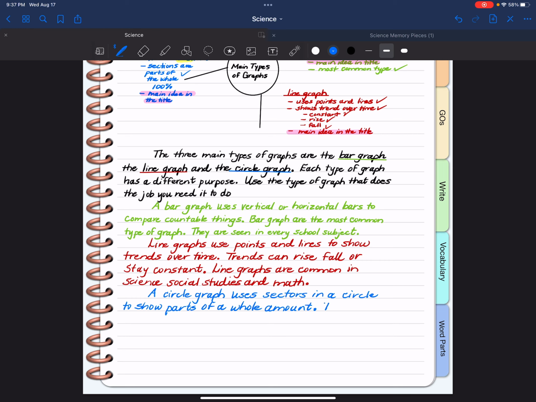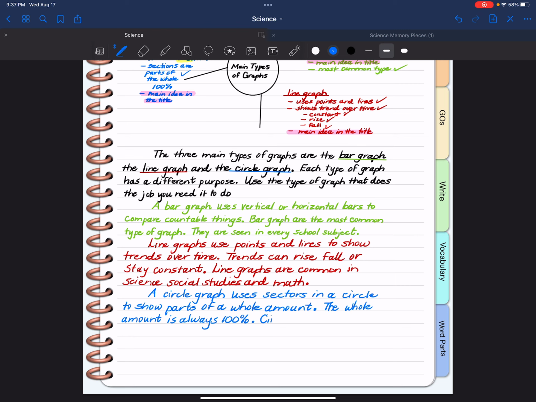The whole amount is always 100%. Once you get to 100, it is okay to write the number. You don't have to spell it out.